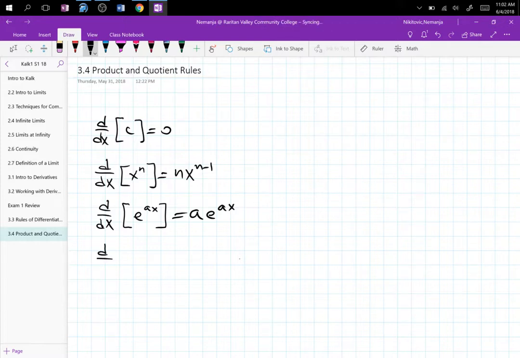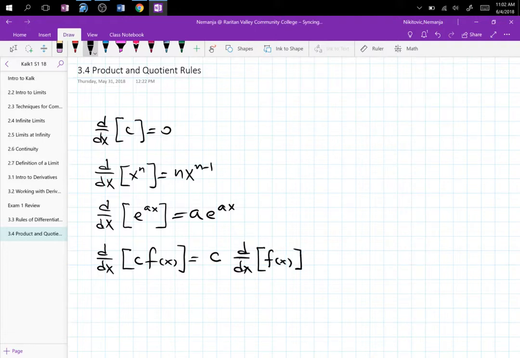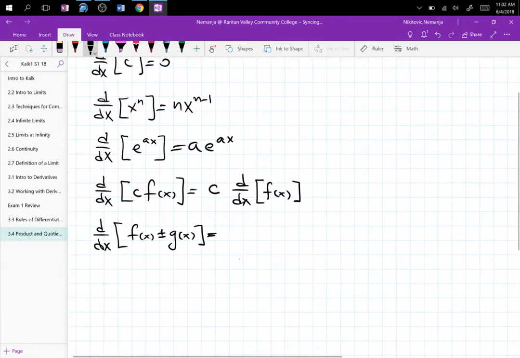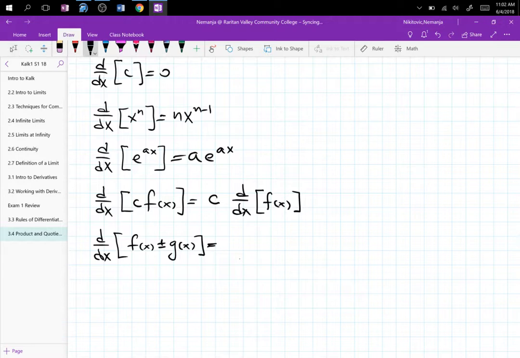We also said that for the derivative of c times a function, you kick the constant outside and you just take the derivative of the function. So all of these rules were there last time, and then the one rule that allows us to find the derivative of each term, if we have multiple terms, is this last rule that I'm writing, which says that you can find the derivative of the first function separately from the derivative of the second function.